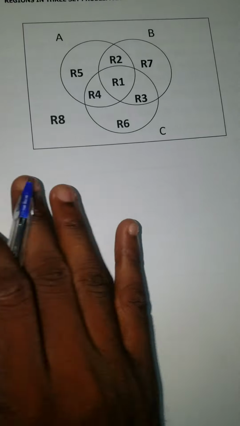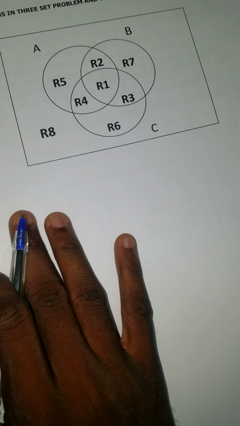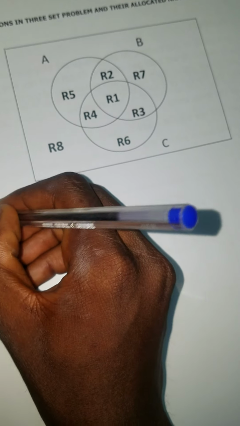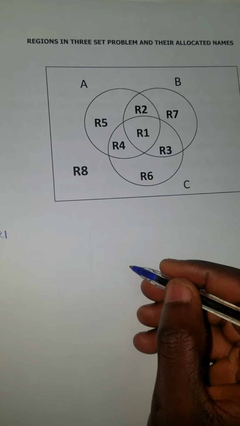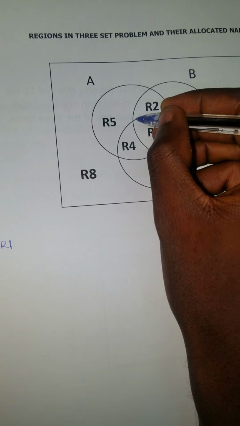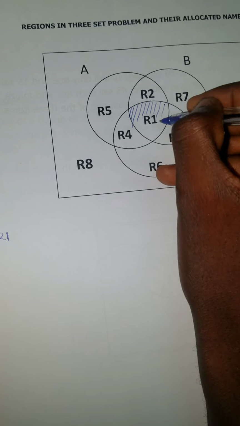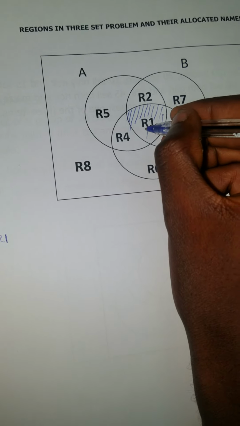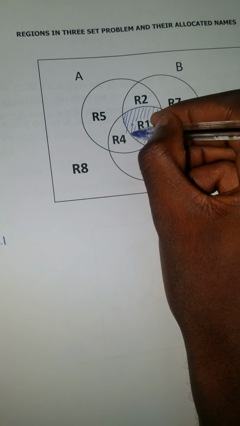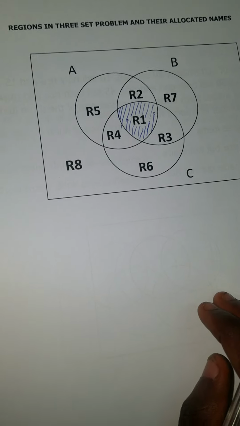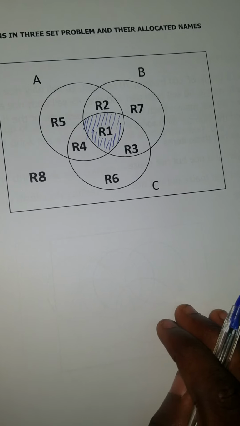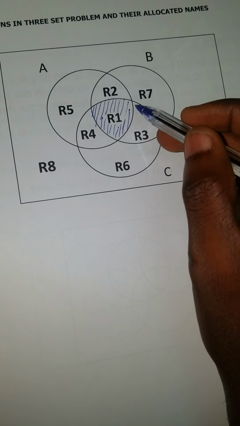So we are first starting with the first region, which I named region 1, R1. Now region 1 is here. You see that this region is the intersection of all the three circles.